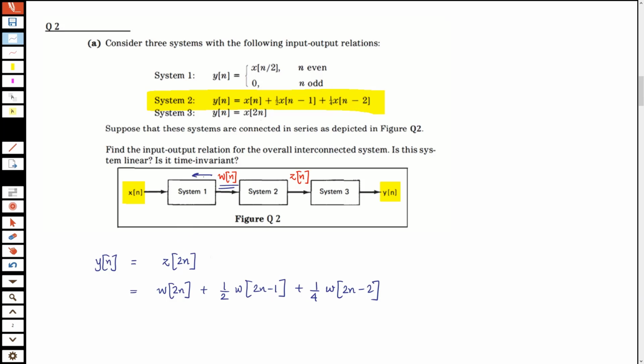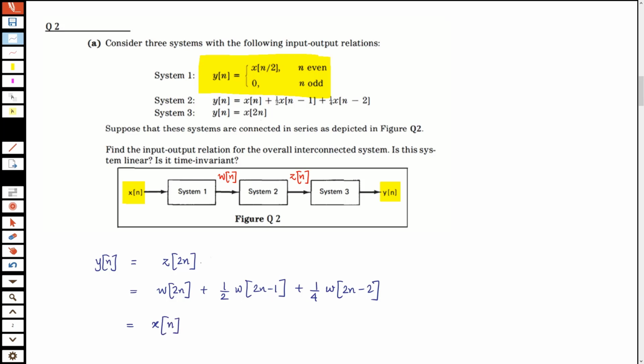Now going backwards, what is w[n]? w[n] is the output of system 1 when the input was x[n]. So if I were to write this in terms of x[n], I'll have to look at this. And what does this system do? It gives output x[n/2] when n is even and 0 when n is odd. So of course, when the argument is 2n, this is an even number, and for this you would get x[n].